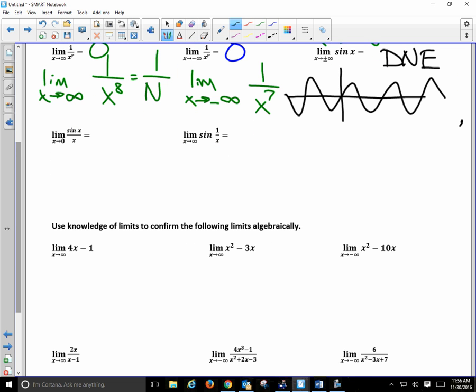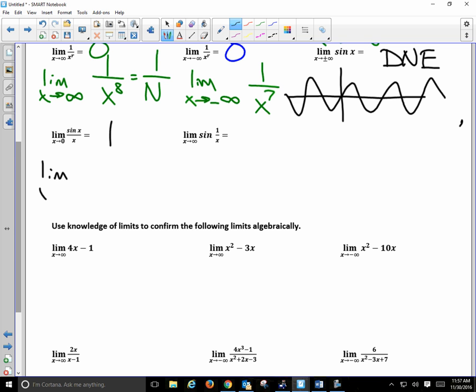Now instead of approaching infinity, I'm going to approach 0 to see if you remember the difference here. As x approaches 0, the limit of sine of x over x, do you remember that one? It is 1. We learned that when we did the sandwich theorem, okay?